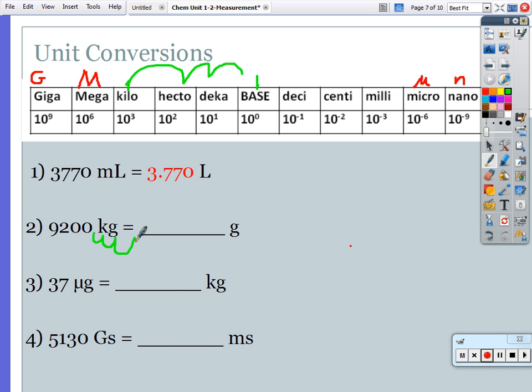1, 2, 3. Now what happens when I jump and there are no numbers here? I have to put placeholders, so I got to put zeros. So what I actually got to do here is add 3 zeros. So what happens when I add 3 zeros?